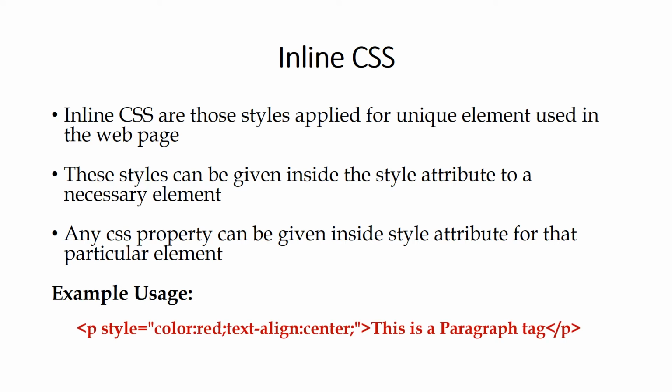So the example is P style color red, text align center. This is a paragraph tag. Here I have given a simple example with a paragraph tag, where this particular line will be visible in the color red and aligned to the center. So this is the inline CSS.